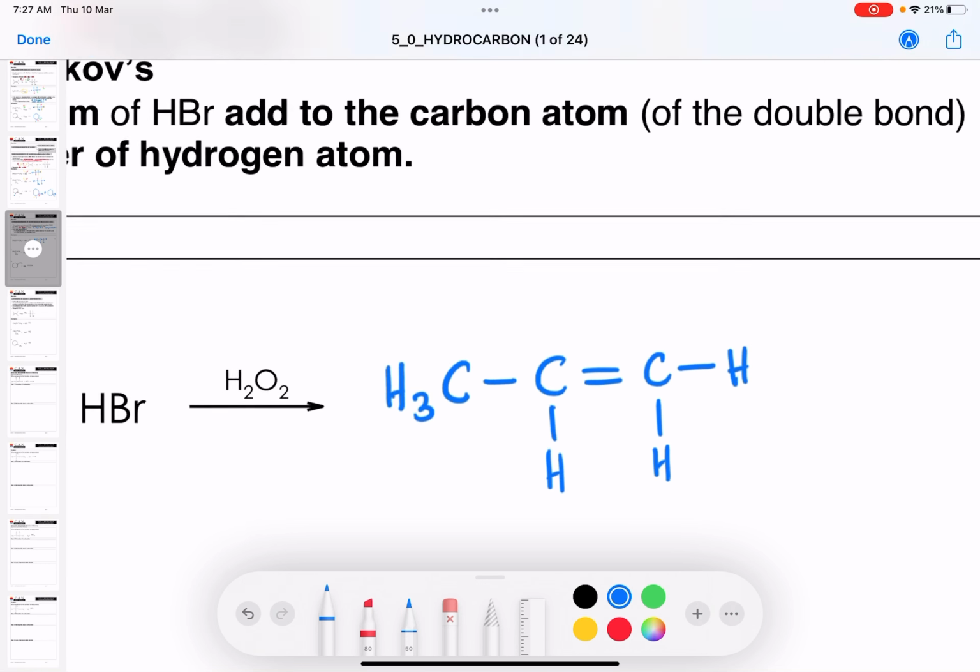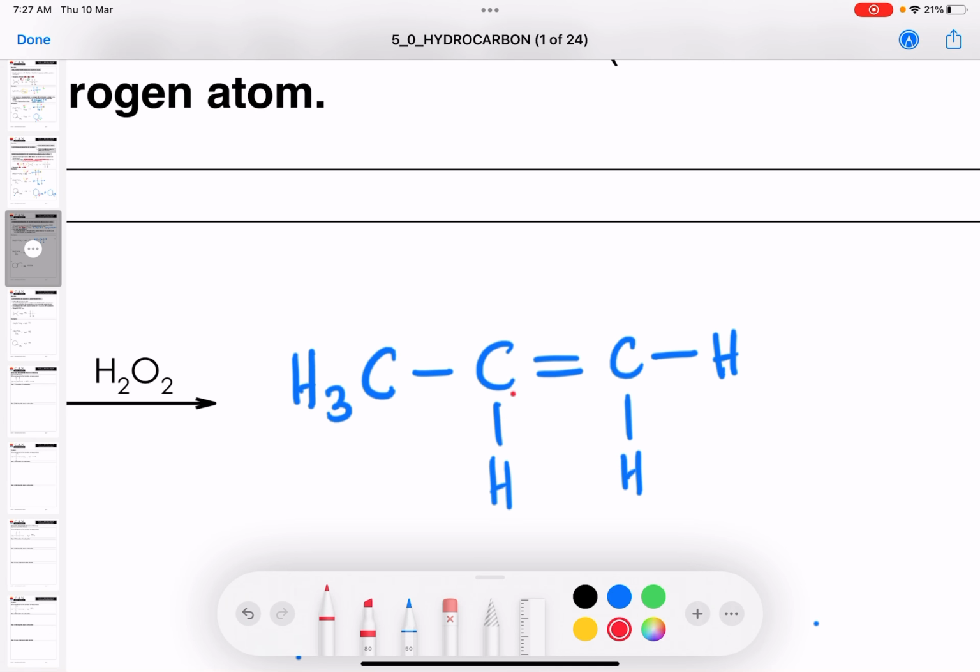Okay, so this one, say this is carbon number 1 and say this is carbon number 2. We have H and we also have Br. So where should they go?